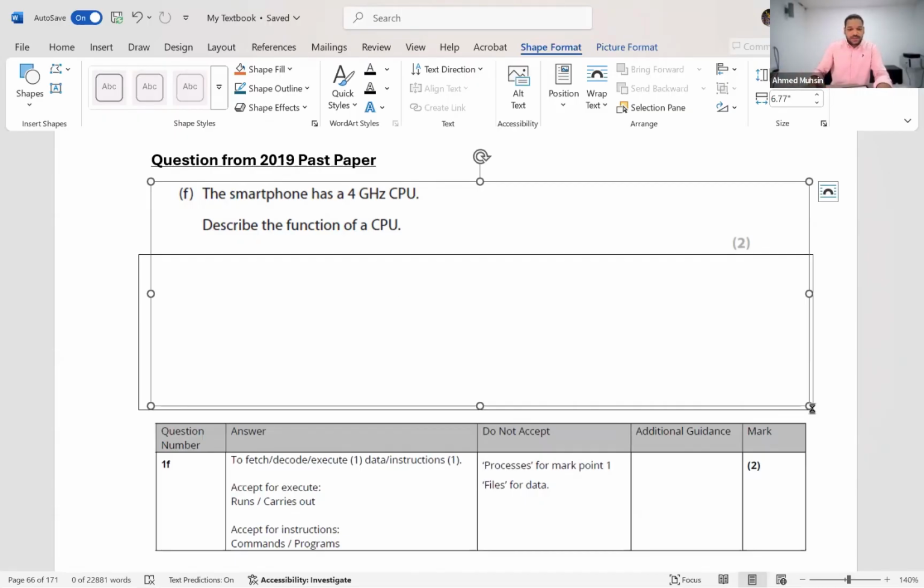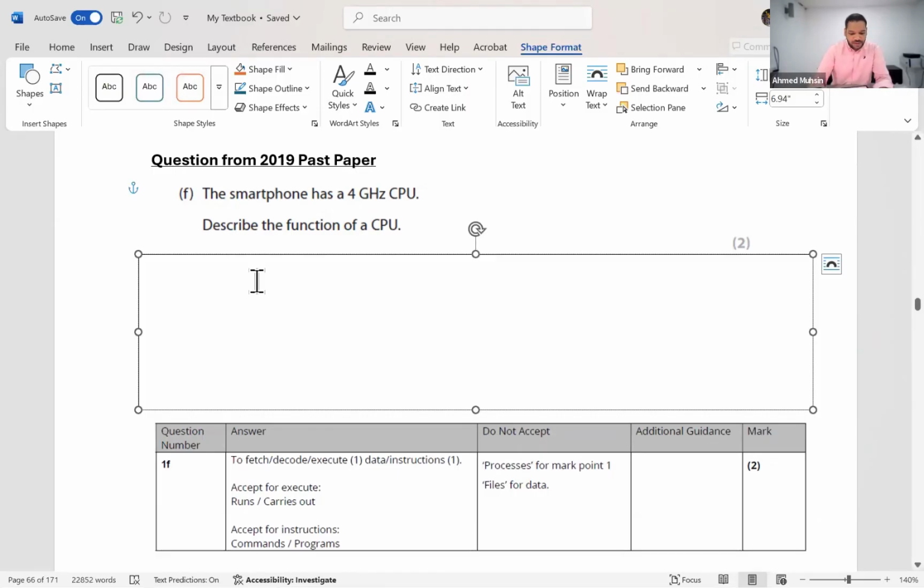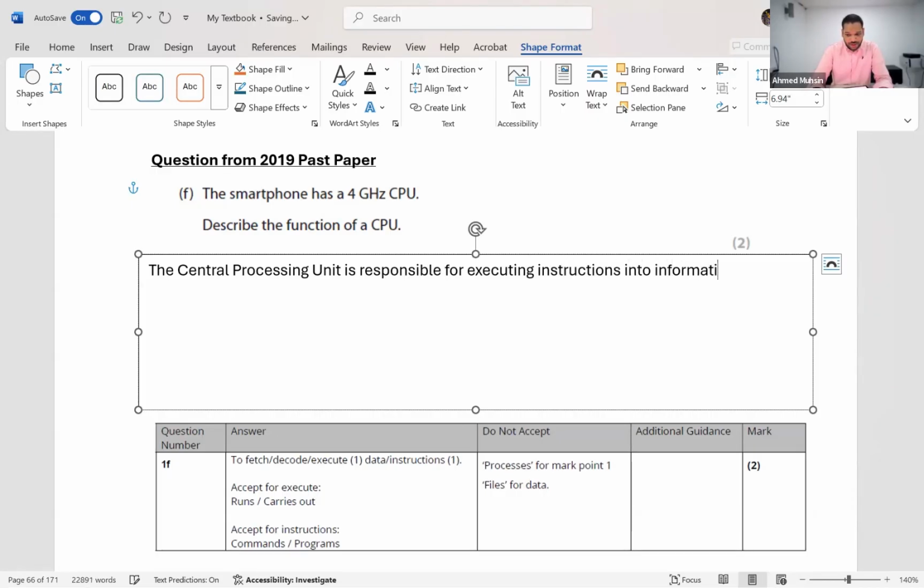So you can say the central processing unit is responsible for executing, which means converting, instructions into information on a computer system.